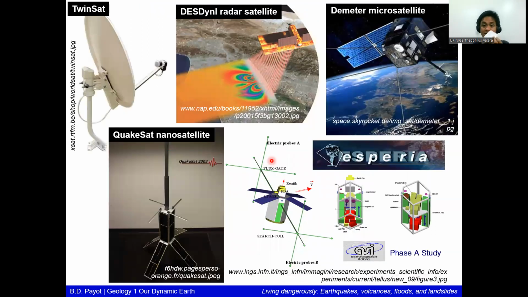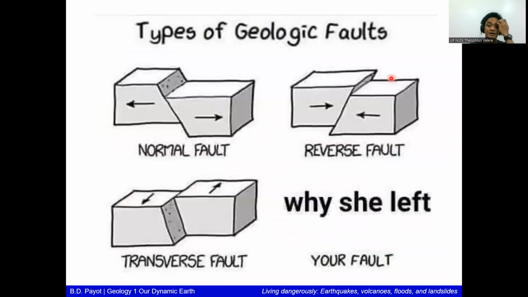But post movement, it can give us a lot of idea kung saan nag-build up yung stress after the earthquake and can therefore generate the next one. Okay? Radars like this, satellites like this, nanosatellites like this, for example. Yeah, so that's it for earthquakes.